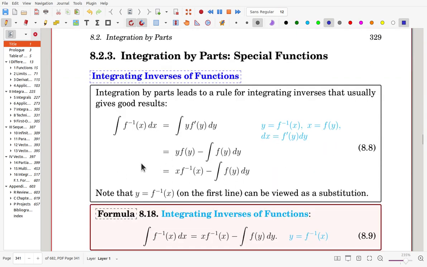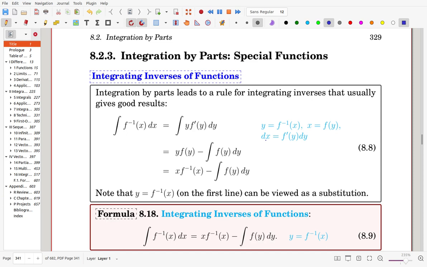Now we'll try to apply integration by parts for the inverses of functions. Now, the integrand is the inverse of some function. Then we may start with y equals f inverse of x. That is the same as x equals f of y, which is the definition of inverse.